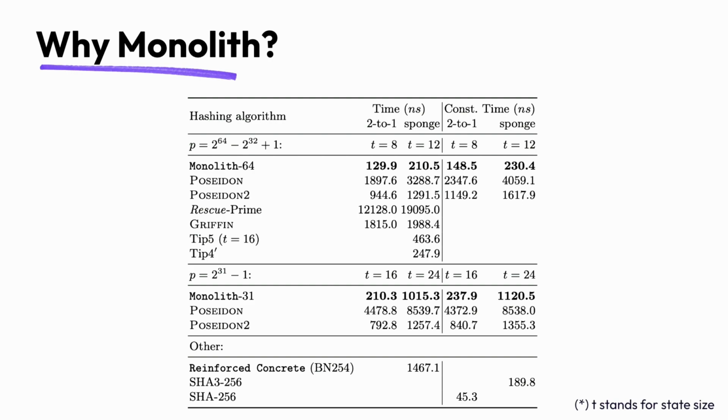And if you compare Monolith with very well-known and very widely used hash functions like SHA-256, their timings are very, very tight, okay? So that means that this hash function is really, really fast.